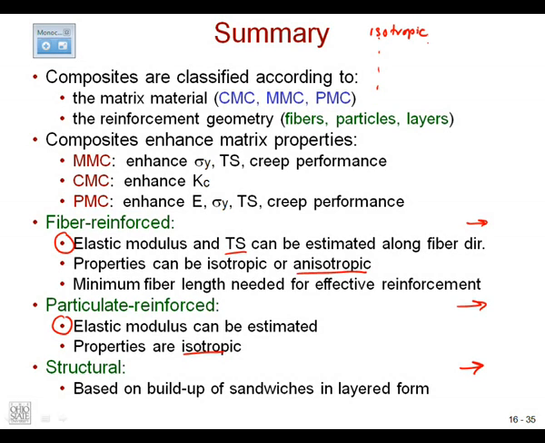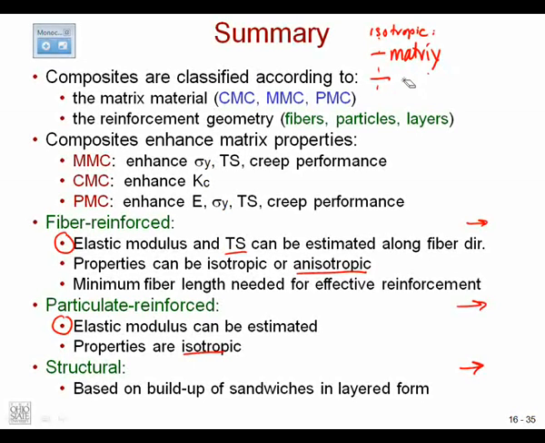So when we're talking about composites, they are isotropic if the matrix is isotropic and they're particle reinforced with an even random distribution, or short whiskers.